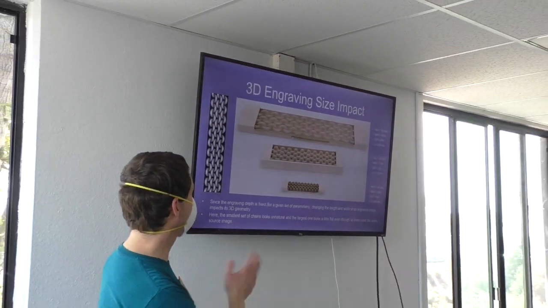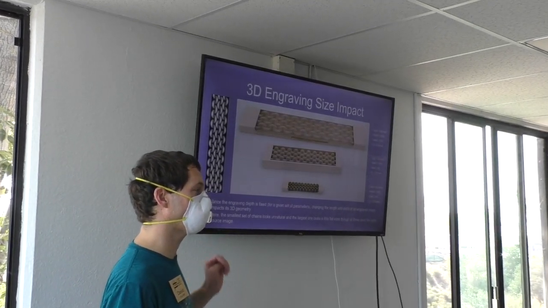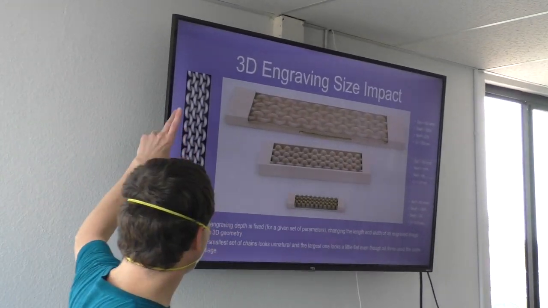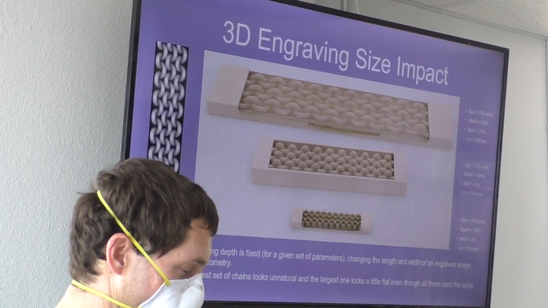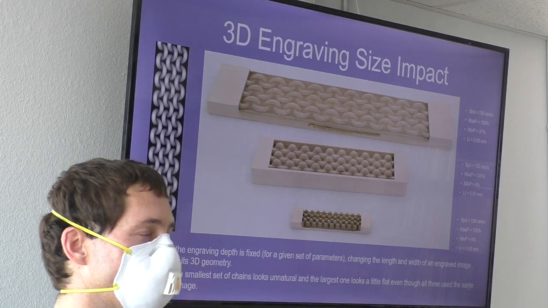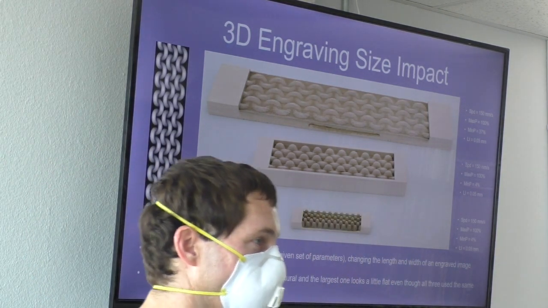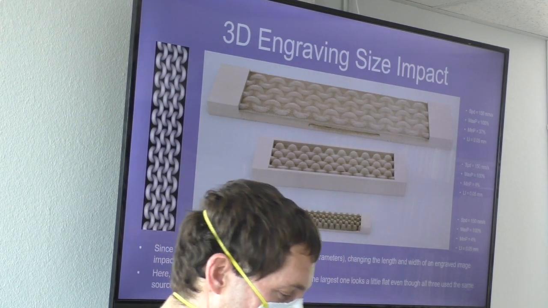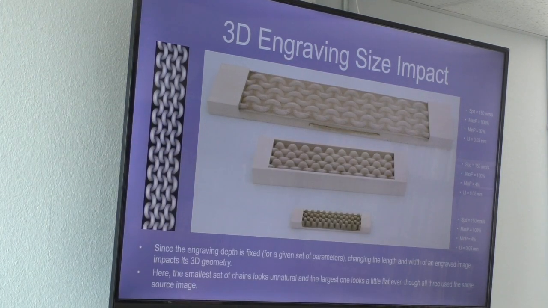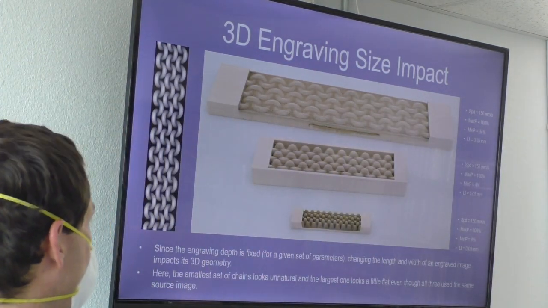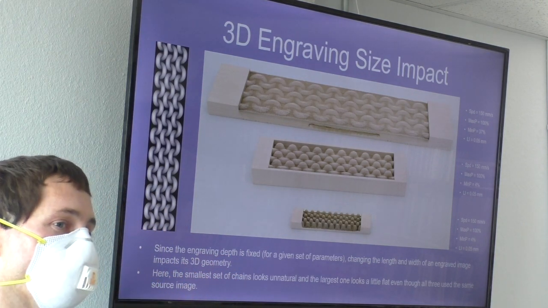Then here's another illustration of some design impacts. This was the image that was burned on all three of these. It's a set of chains, and because at a given combination of settings the depth of burn is fixed, the 5.6 millimeters for instance, you can change the visual impact of the final object significantly just by its size.